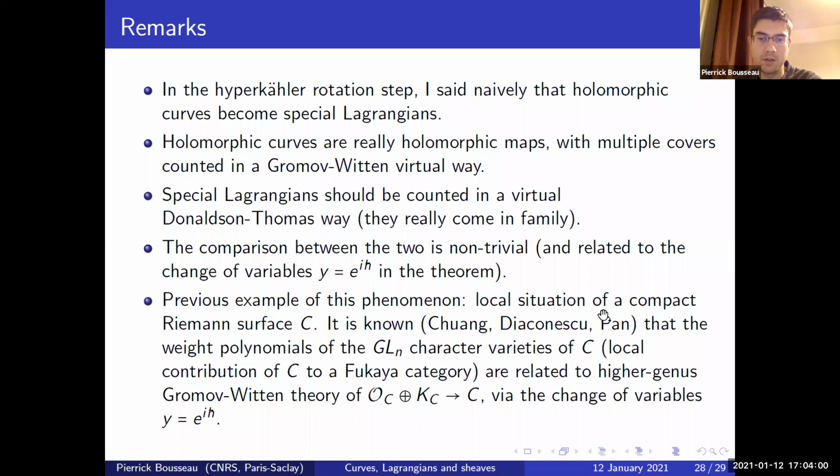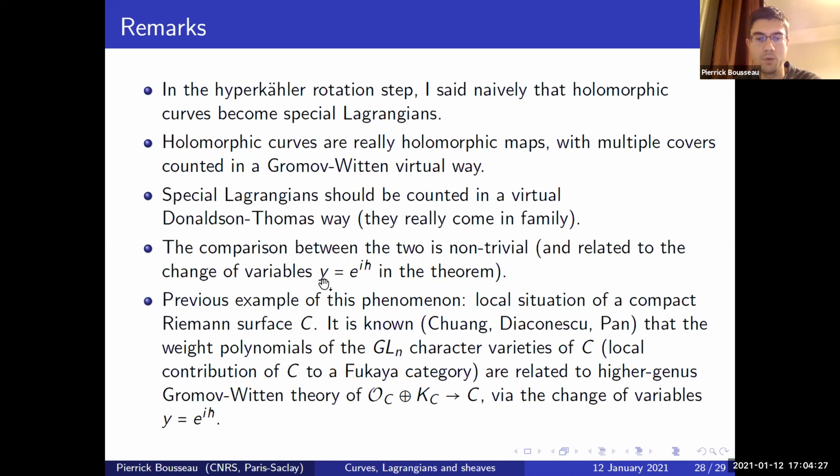which is to look at the local situation of a compact Riemann surface C. In this case, it's known by the work of Chuang, Diaconescu, Pan that the weight polynomials of the GL_N character variety of C, which you should think of as the local contribution of C to counts of special Lagrangians in the Fukaya category, are related to higher genus Gromov-Witten theory of the local curve, O_C plus K_C.